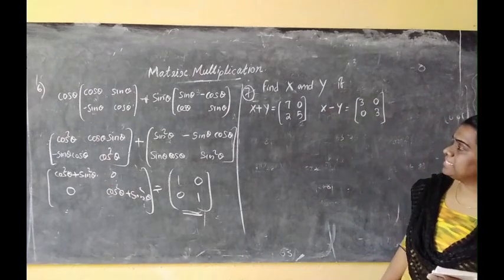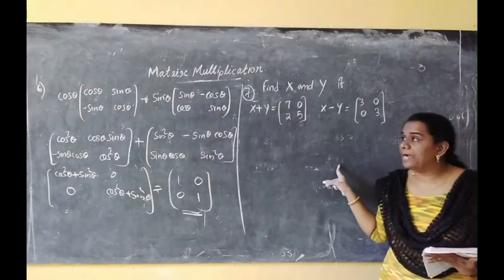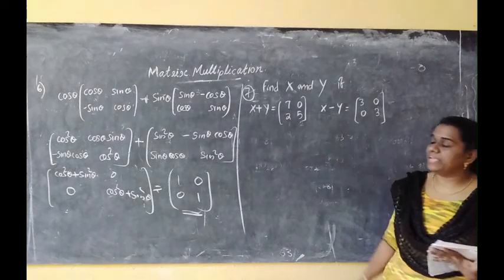We want to find x and y. X and y are two matrices. X plus y and x minus y are given.